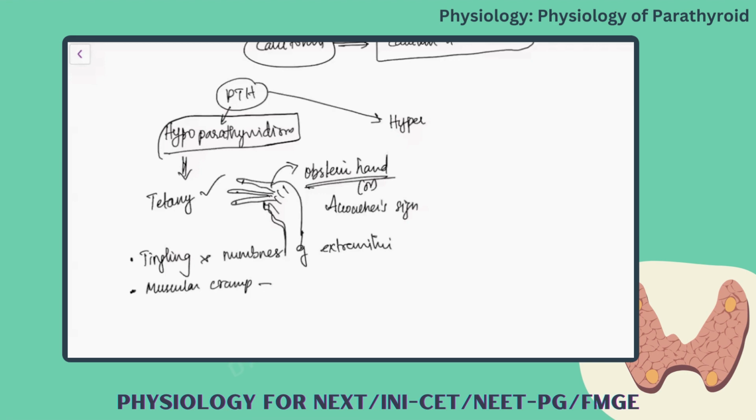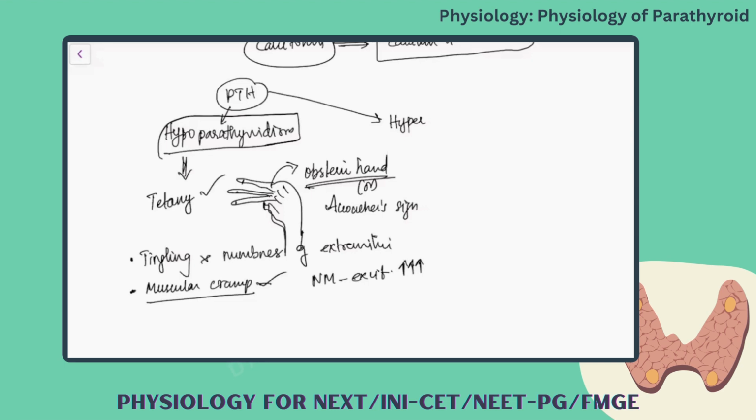Because of the calcium deficiency, the person will have the symptom of muscular cramps. In this case, the neuromuscular excitability is increased because of imbalanced calcium level in the body. That is the reason for these muscular cramps.